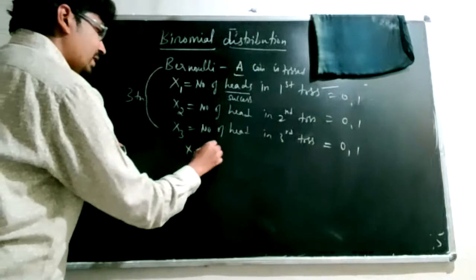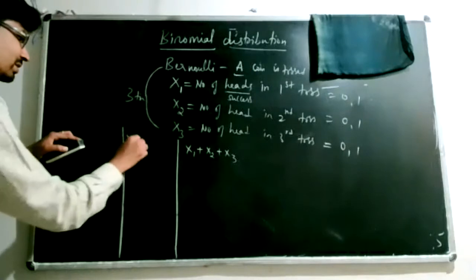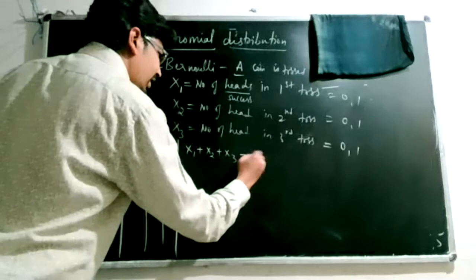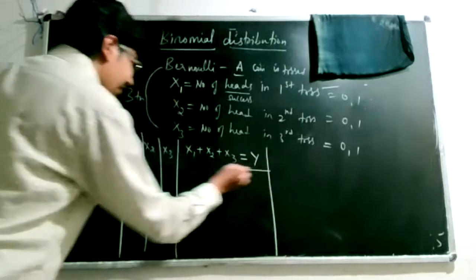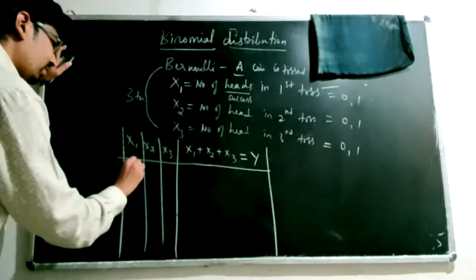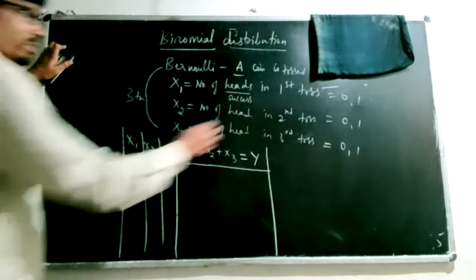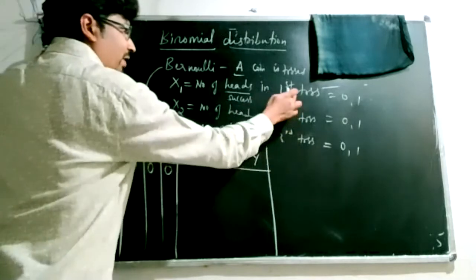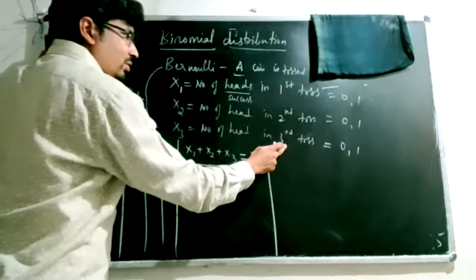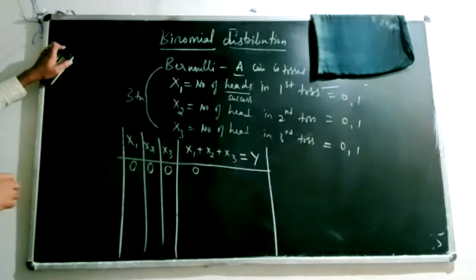Now when you look into x1 plus x2 plus x3, along with the various combinations of x1, x2, and x3, let me call this total y and see how the probability of y comes to us. Now x1 could take 0, x2 could take 0, x3 could take 0. So this is one possibility. If the first toss is tail, second toss is tail, third toss is tail, then each of my x is taking 0. Therefore, the total becomes 0.